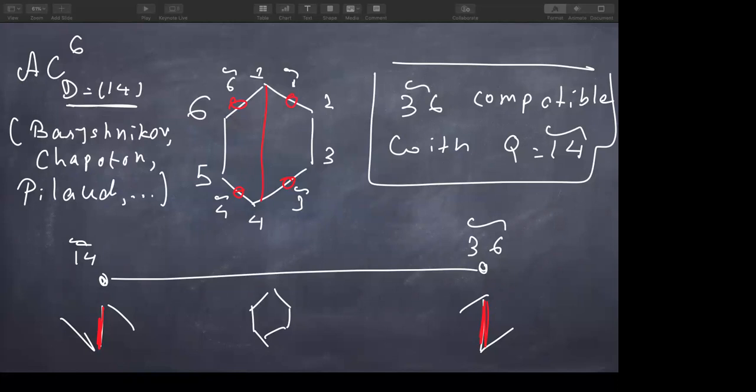You're saying you go along the red chord, and then you go. Exactly. Okay. And similarly, if I want to go from, say, the 3, 4 edge to the 6, 1 edge, I can also go through a path which is connected via 1, 4, which is 3, 4, then 4, 1, then 1, 6. Okay.